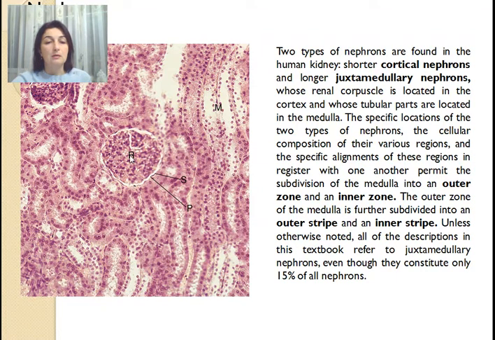Here we can distinguish the capillaries of the glomerulus, and around it we can see the light halo, the light stripe which surrounds it, represented by the capsule, Bowman's capsule, which together form the renal corpuscle.